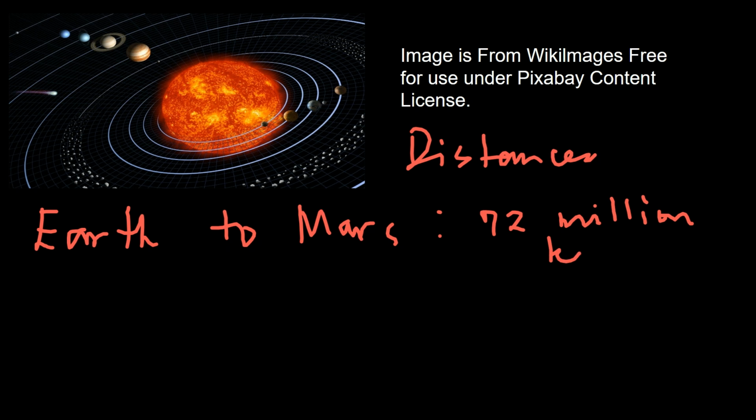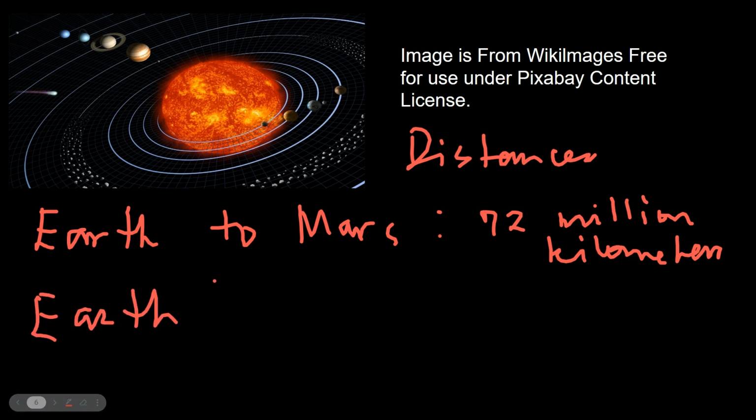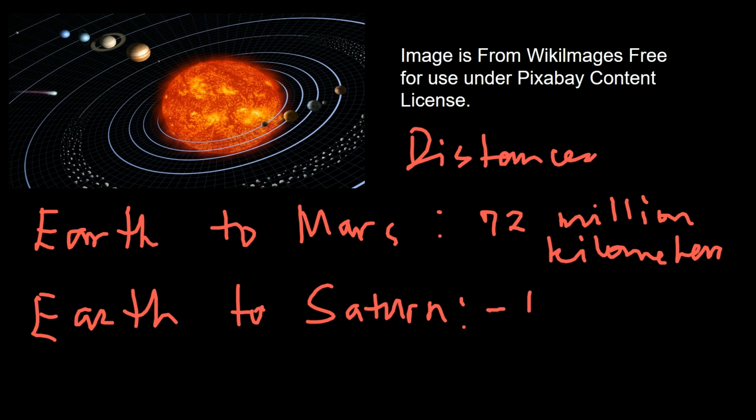That's very far. Again, I repeat, that is the distance from Earth to Mars, 72 million kilometers. And then the distance from Earth to Saturn is negative 18 million kilometers. There you go.